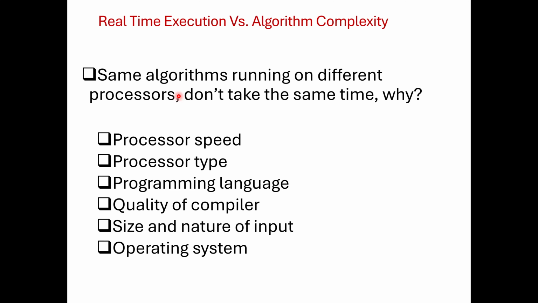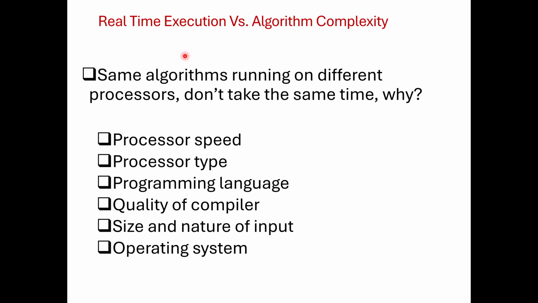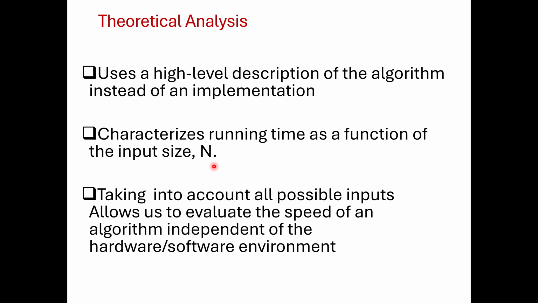So in measuring the efficiency, we want to measure it when all of these variables that we have here are eliminated. They don't influence the running time. And so the best way to measure the efficiency is to do something we call a theoretical what? Analysis.